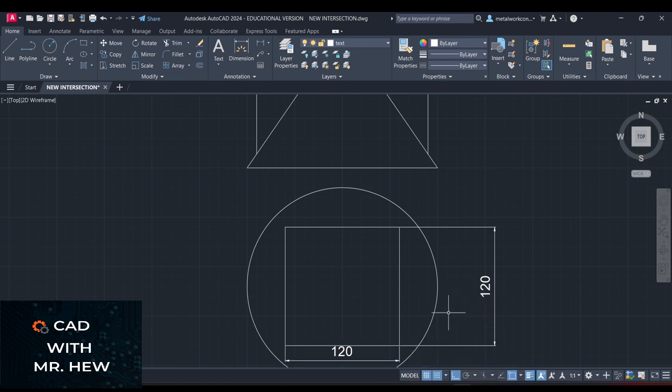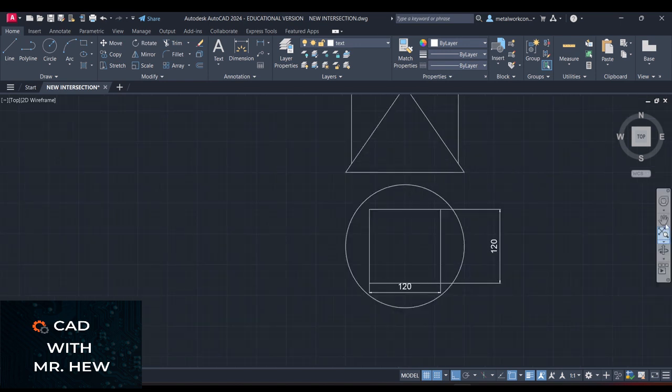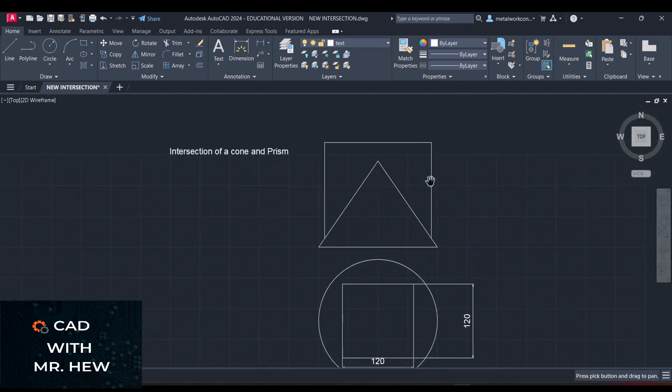Now what we're going to do is align the prism in the front elevation with the plan. I'm going to delete these two lines. It's a little bit too wide.